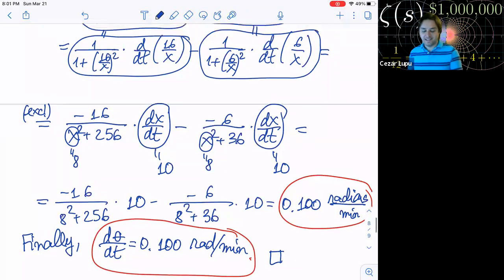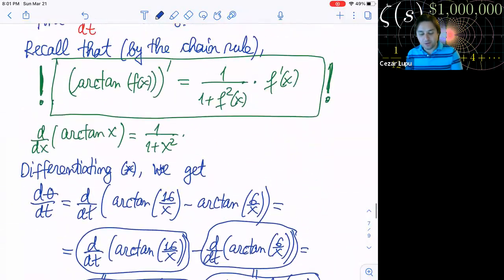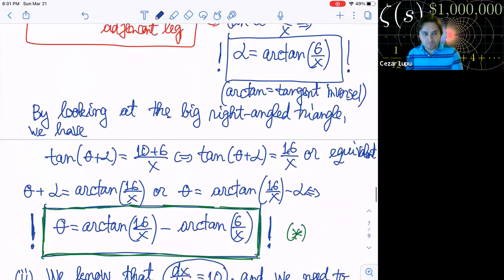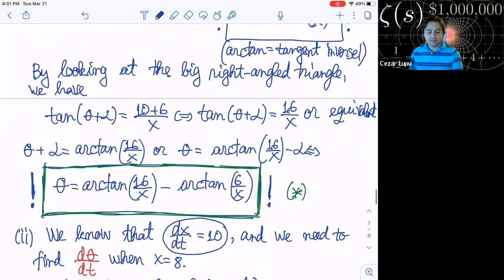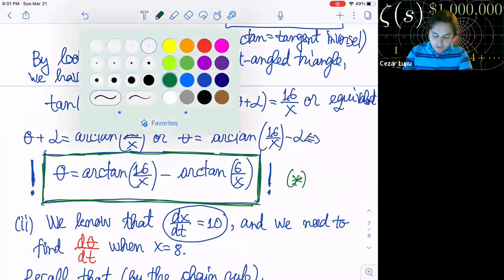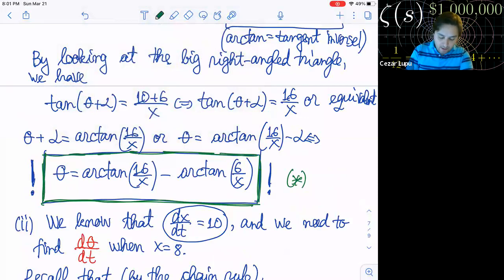So you see, what you need to do here is you just need to look at this. Once you have this relation, relation star, this right here, your life will be much easier, right?